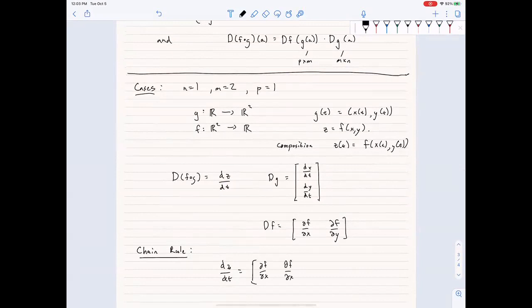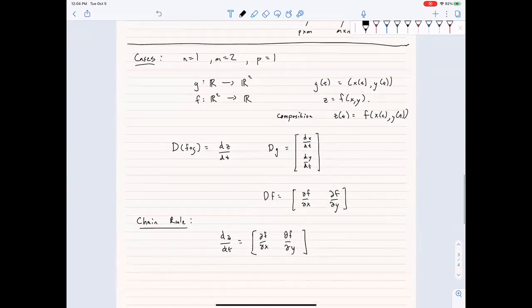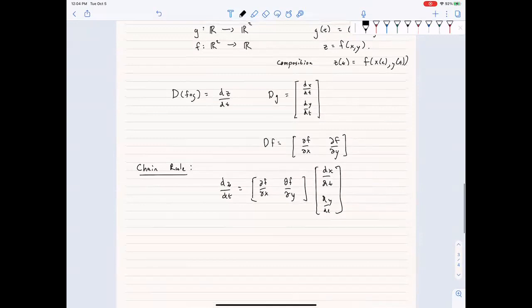And this should be evaluated at g of t, not at x of t, at g of t. But we're going to multiply these two: dx dt, dy dt. And of course, we now know how to multiply matrices.